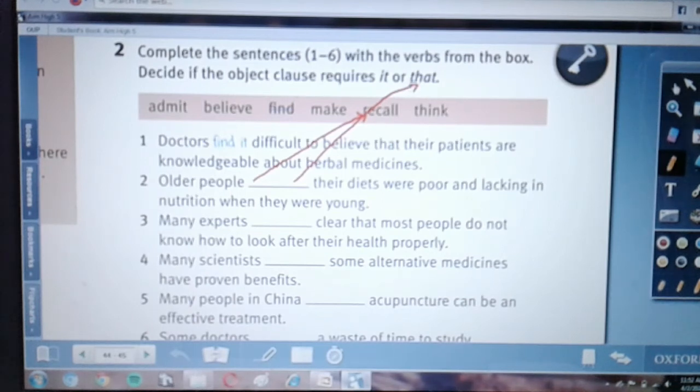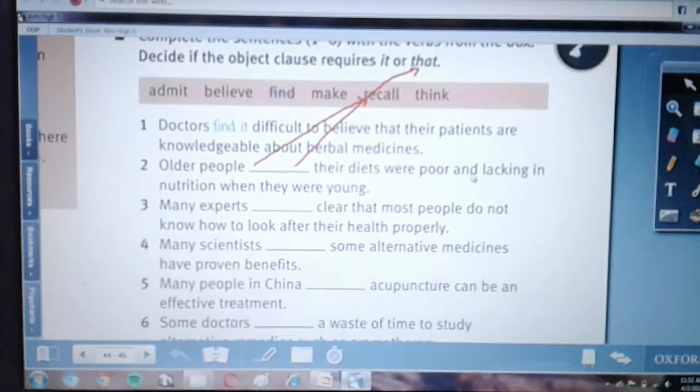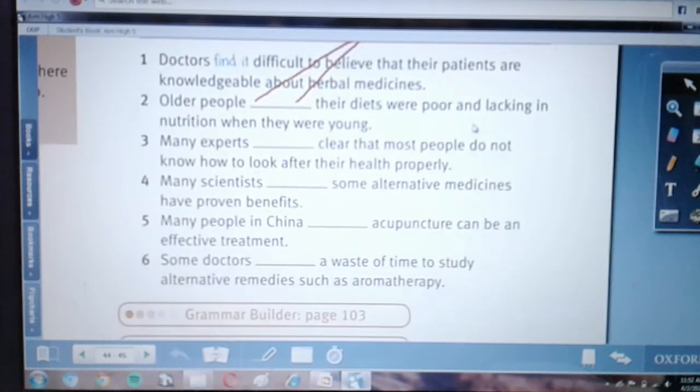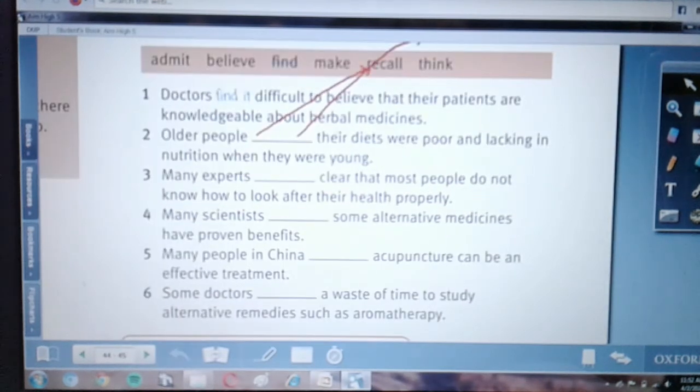Alright. So now, take a look at number 3. Many experts blank blank blank clear that most people do not know how to look after their health properly. So, shall we use admit, believe, make, or think? If you see this adjective, clear, we shall use, yes, make.